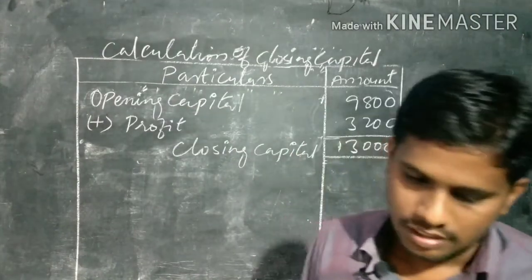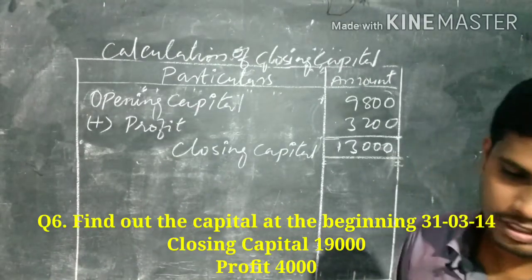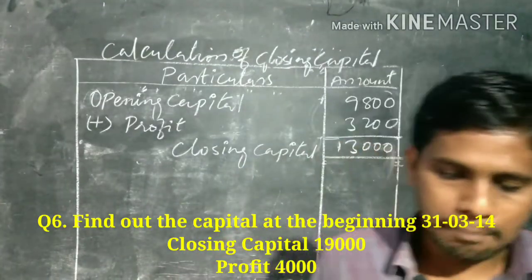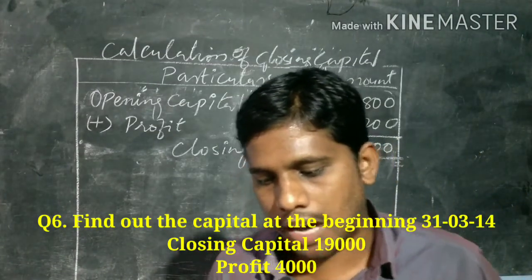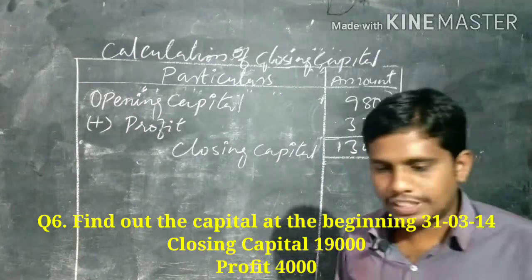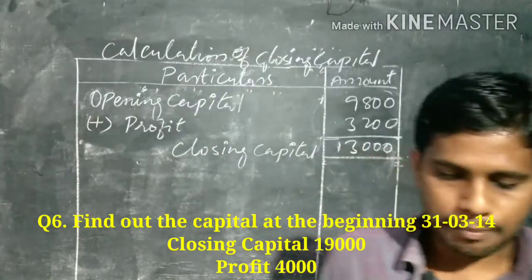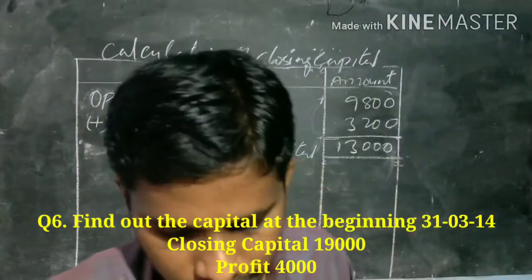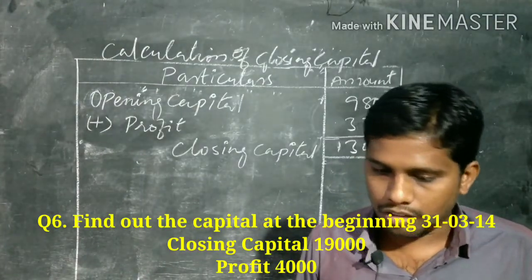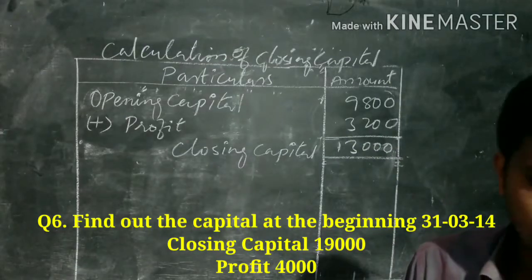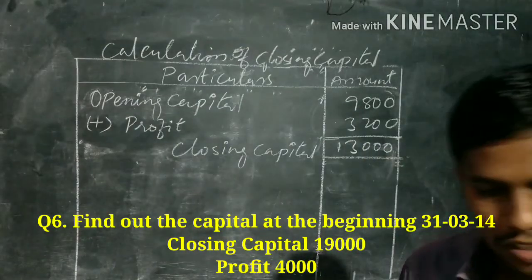Next, the sixth problem. Under the sixth problem, only one problem in your textbook is given. Find out the capital at the beginning of the year. Here we need to calculate the capital at the beginning of the year, that is 31st March 2014. Closing capital as on 31st March 2015 is given, that is 19,000, and profit is given. In the second formula, opening capital or capital at the beginning of the year equals closing capital plus or minus loss or profit.